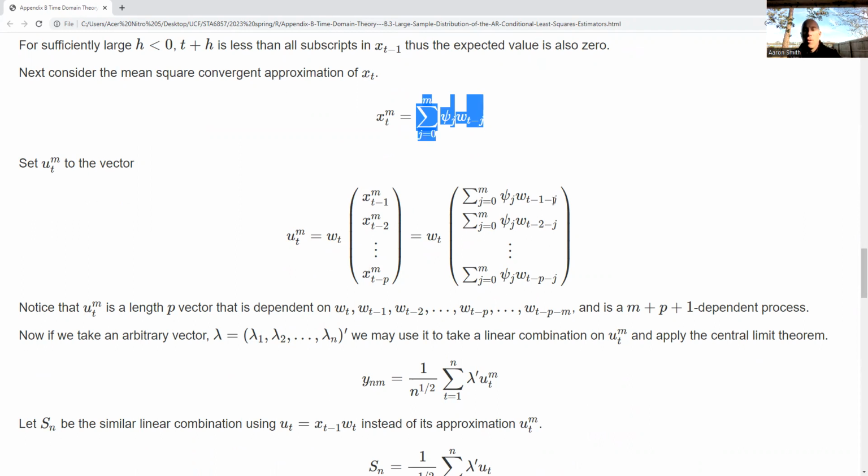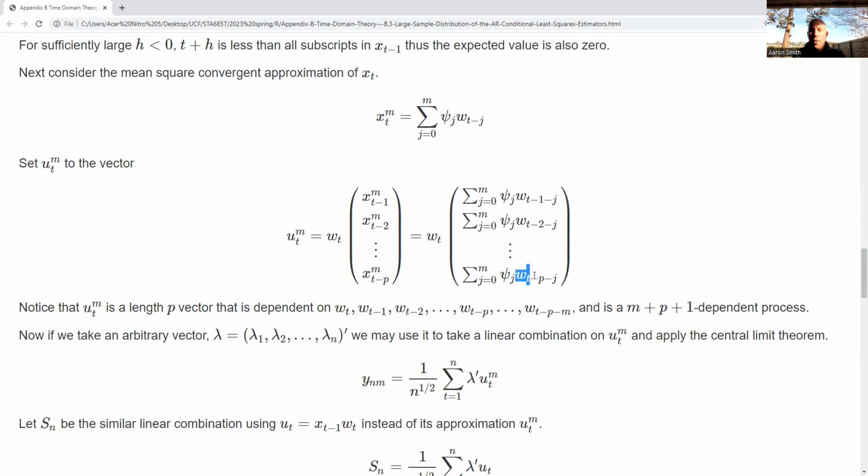Now notice that we have w sub t, and then we have former observations of our white noise. Here, this is the white noise value that we are looking to get on the next observation. And these all use past values of the white noise that we've looked at. This is going to depend on a whole bunch of different white noise values all the way out to here.